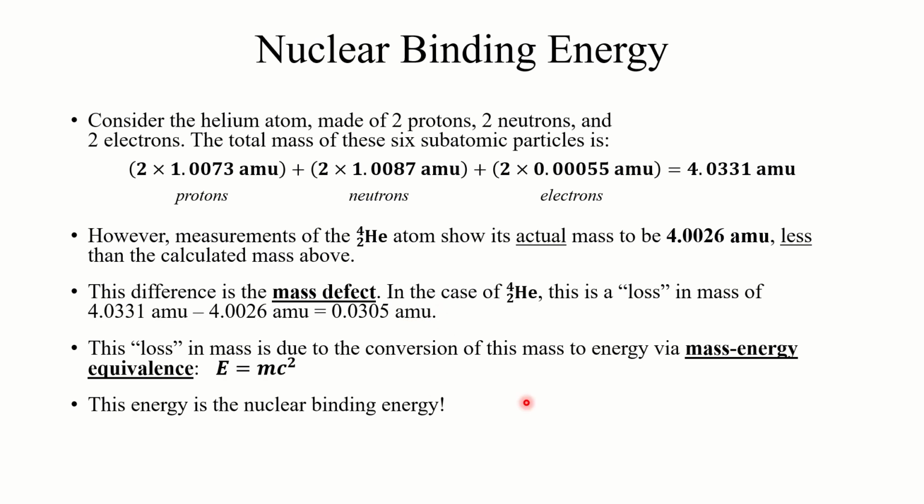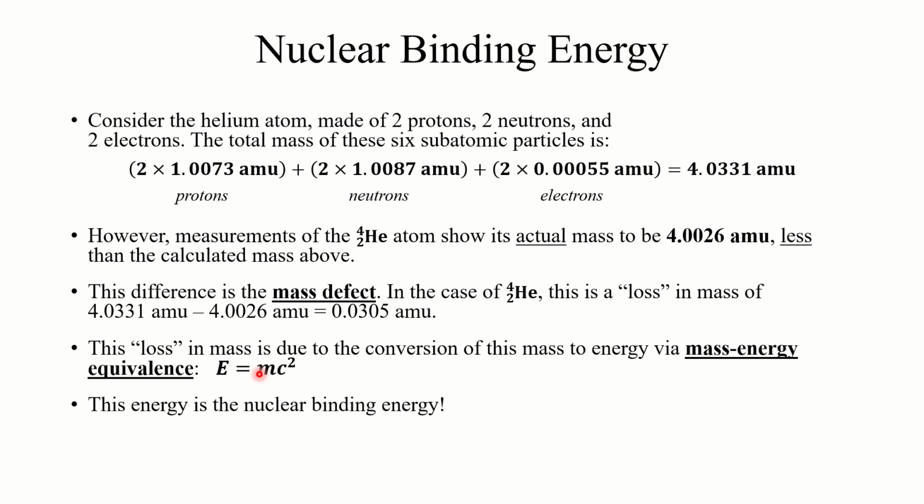This loss in mass is due to the conversion of this mass to energy via the mass-energy equivalence, which is the equation E equals mc squared. I'm almost certain you've heard of this equation before. It was derived by Einstein, and it's a pretty famous equation as far as scientific equations go, and you're actually going to use it here.